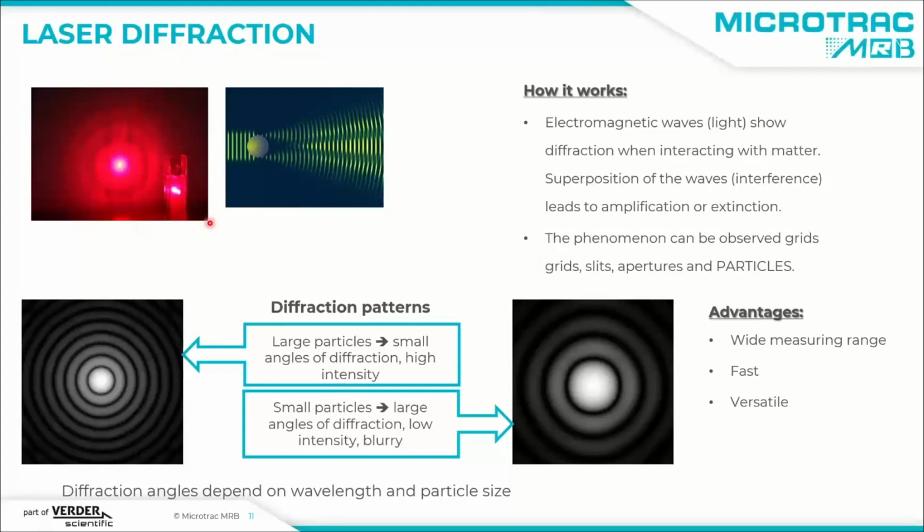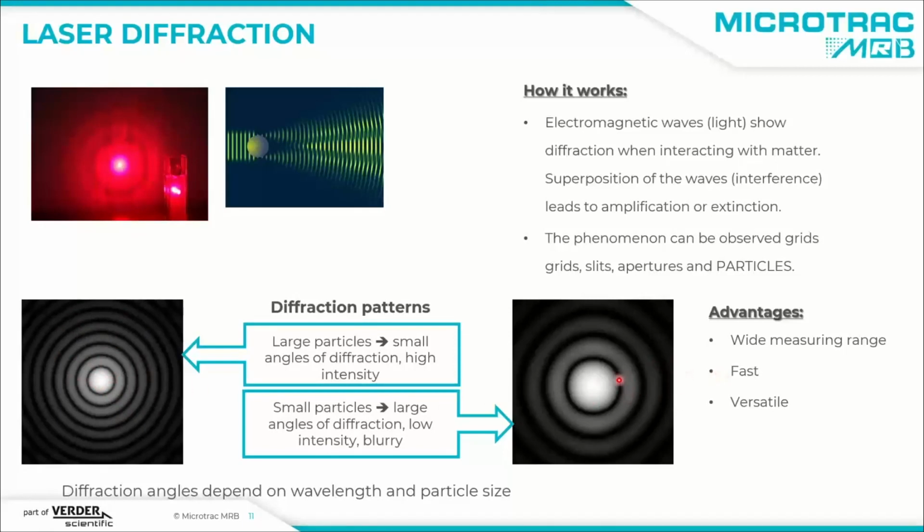You can see it here in an experiment. This is a cuvette with 10 micrometer particles. It's illuminated by a standard laser pointer. And what you get is a very characteristic diffraction pattern with rings indicating the angle of redirection of the light. If you have relatively large particles, then the angle of diffraction is small and you get a ring pattern where the rings are very close to the center.